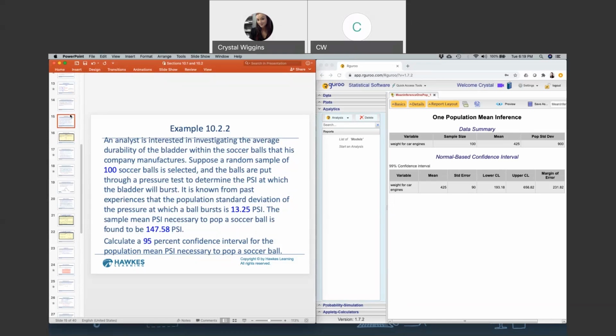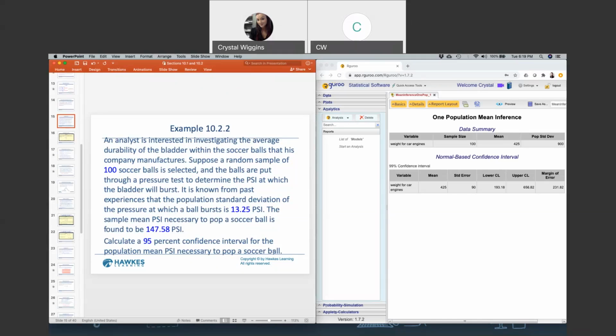It is known from past experience that the population standard deviation of the pressure at which a ball bursts is 13.2 psi. The sample mean psi necessary to pop a soccer ball is found to be 147.58 psi. Let's calculate a 95% confidence interval for the population mean pressure per square inch necessary to pop a soccer ball.